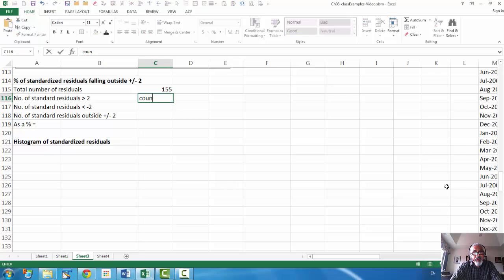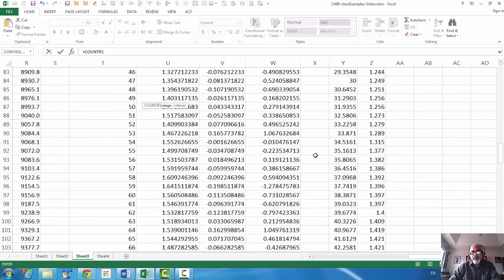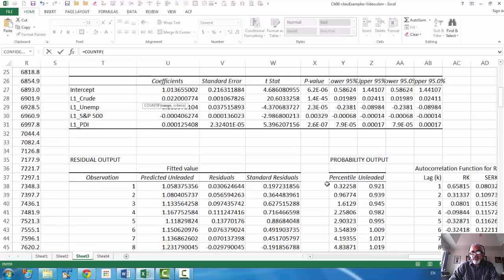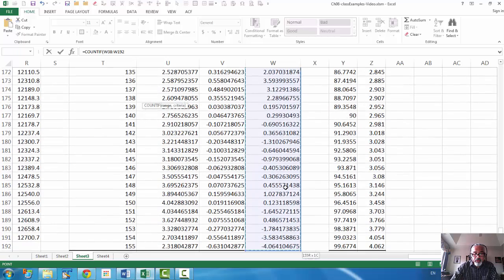We can do a COUNTIF on the standardized residuals, comma, within quotation marks greater than 2.